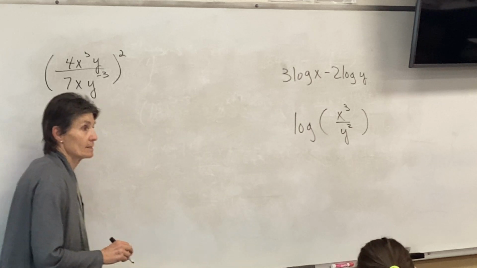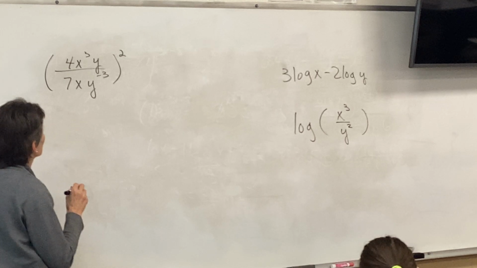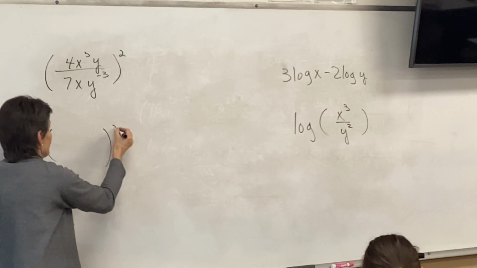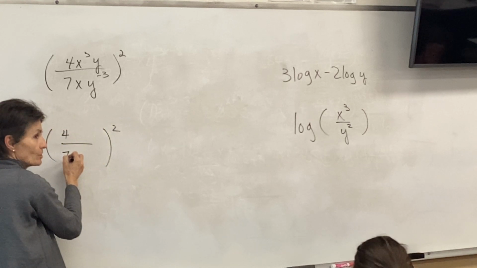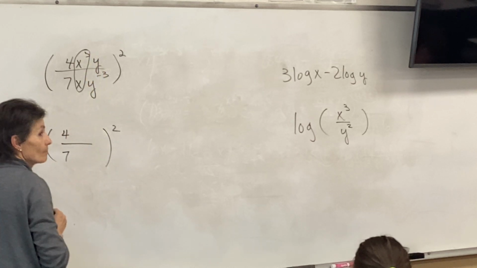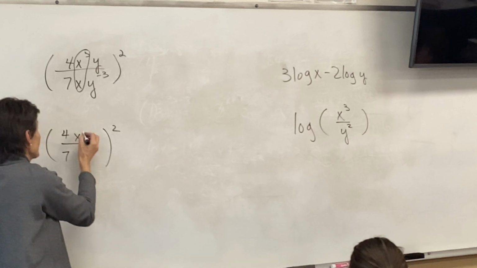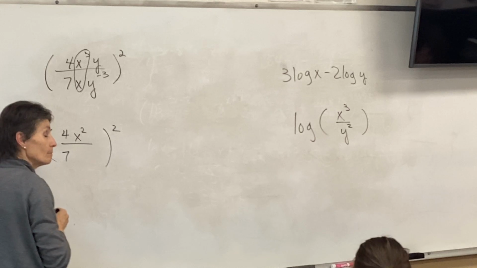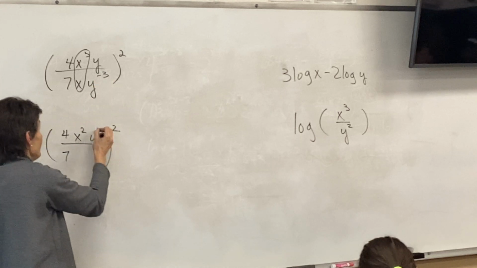Who has what you think is a good plan? Okay, Dave? I put the x's and y's together. So 4 and 7, nothing really to do with those. And then what did you do with your x's? I moved the bottom x up and got x squared. x squared, they cancel, folks, right? 3 over 1, they cancel. And then I moved the negative 3 up and got y to the 4th. y to the 4th, perfect.